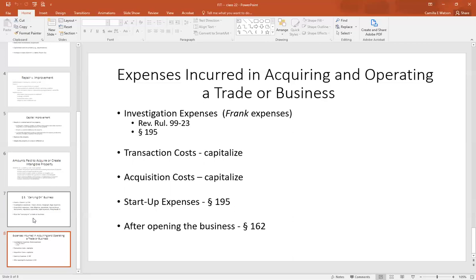Transaction costs are really part of acquisition costs, so they must be capitalized and added to the basis of the building. These costs include expenditures to investigate the purchase of a specific business. So here there may be an overlap with investigative expenses, except now you're only investigating a single business, so you've honed in more specifically on what you want to buy.